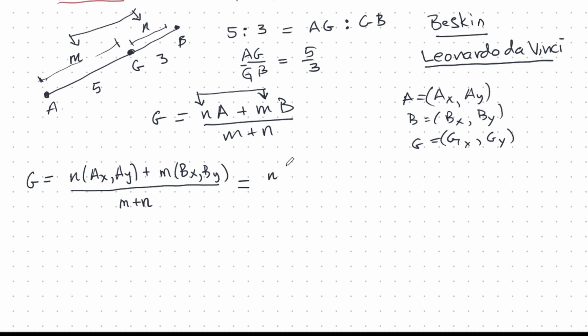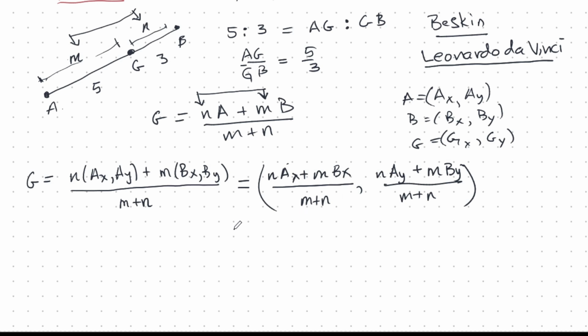We have (N AX plus M BX) over (M plus N), comma, (N AY plus M BY) over (M plus N). And this is just (GX, GY). These are the components of my point G. So you can think of these things as vectors or points with 2 coordinates.